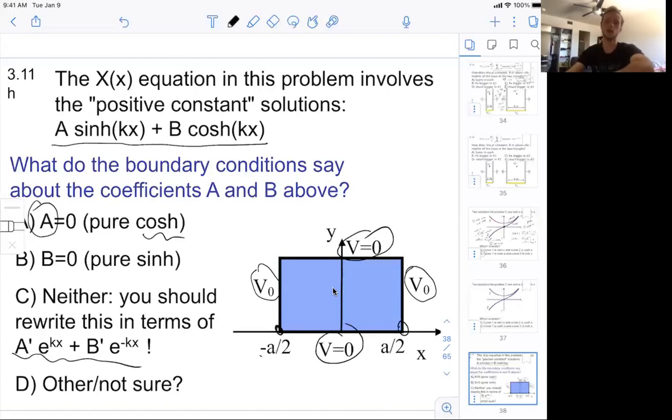Now, if you're curious, why don't we write it in this format? In fact, when you're solving this problem, you can start out writing this format or this format. They're equivalent.